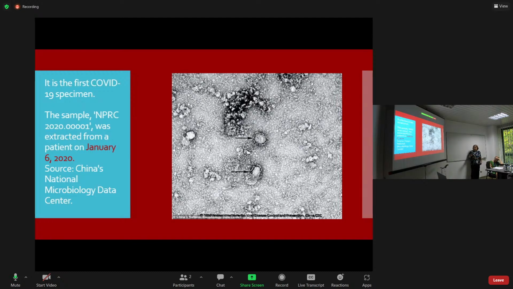After this image, of course, all the molecular techniques Professor Flores already presented you started to be used to generate a specific test, sequencing the genomic material, give us the PCR test, and so on.